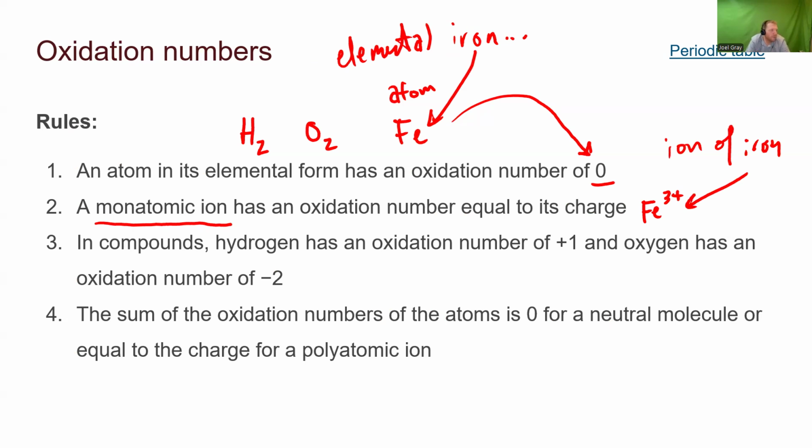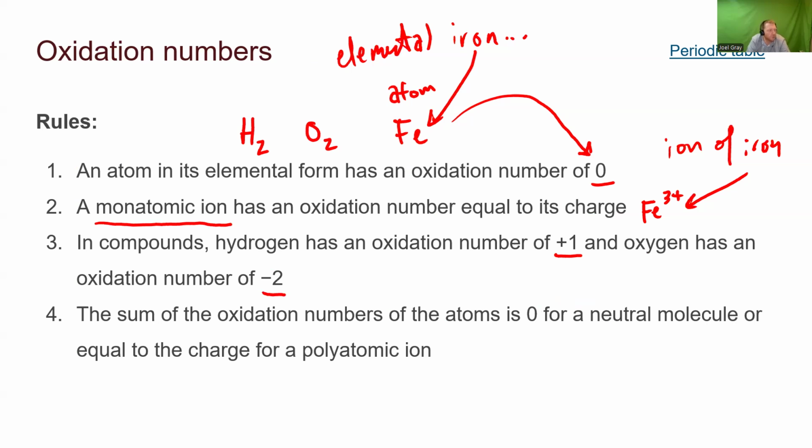Now, in a compound, hydrogen has an oxidation number of +1, and oxygen has an oxidation number of -2. Okay, so something like this: that hydrogen is a part of a water molecule. Each has a charge of +1.